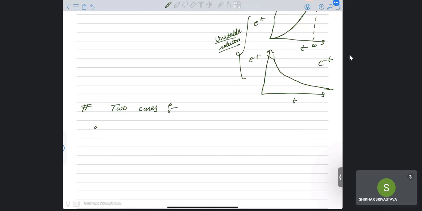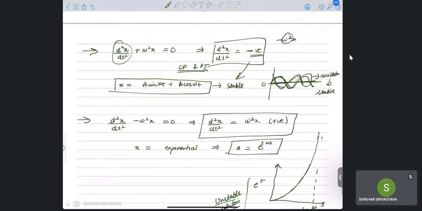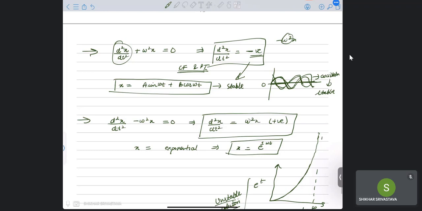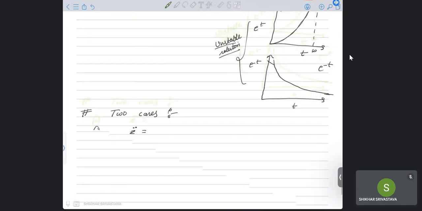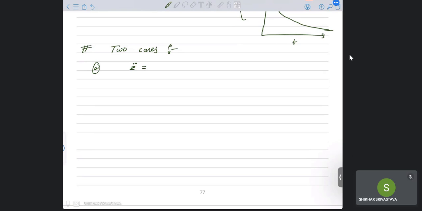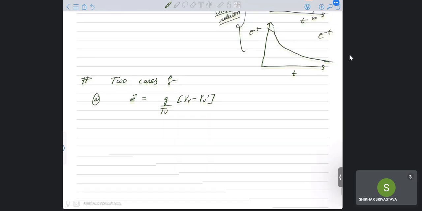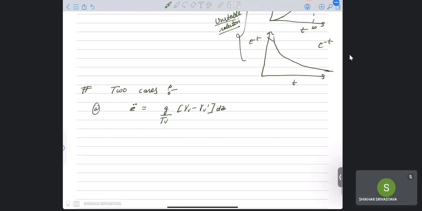The first case is, we know z double dot is equal to g upon Tv times gamma v minus gamma v prime, times dz.